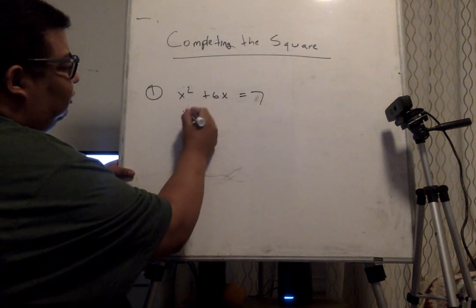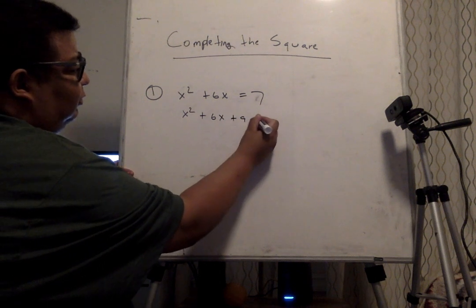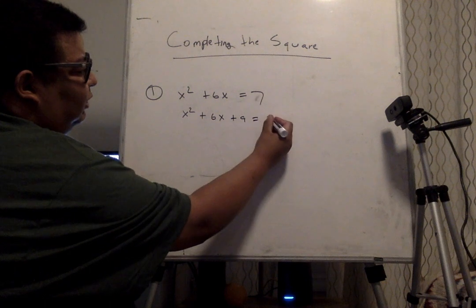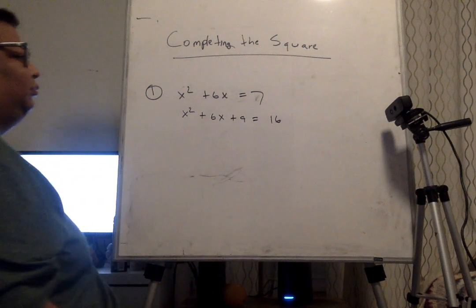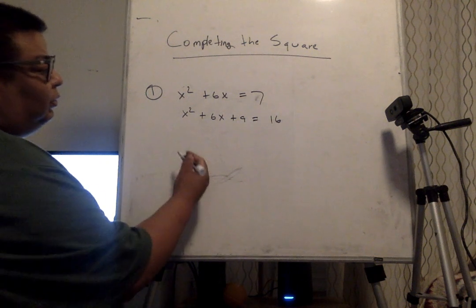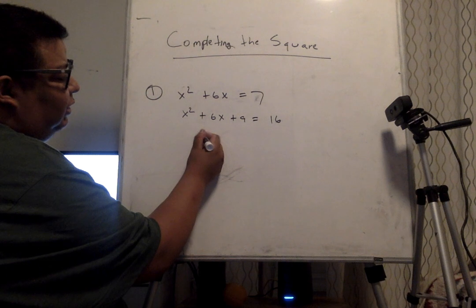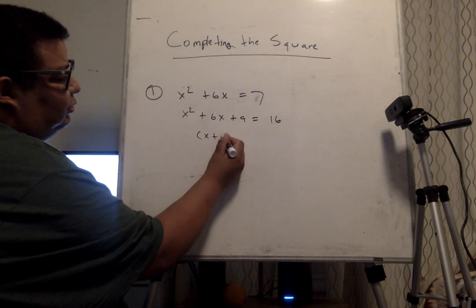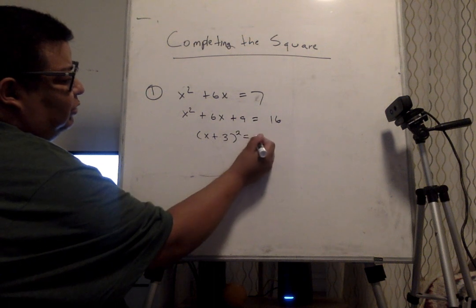So x squared plus 6x plus 9 equals 7 plus 9, that's 16. Now this is a perfect square, so you can write x plus 3 squared equals 16.